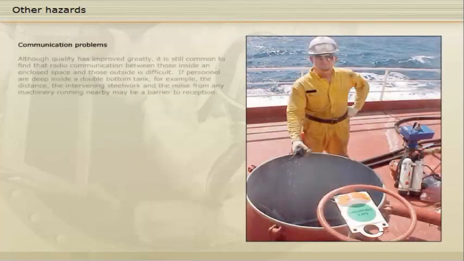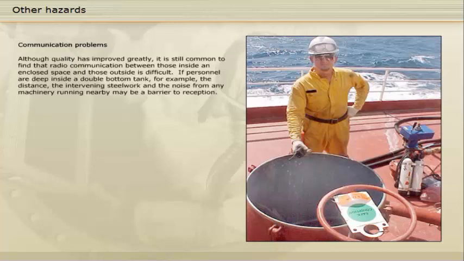Although quality has improved greatly, it is still common to find that radio communication between those inside an enclosed space and those outside is difficult. If personnel are deep inside a double-bottom tank, for example, the distance, the intervening steelwork, and the noise from any machinery running nearby may be a barrier to reception.